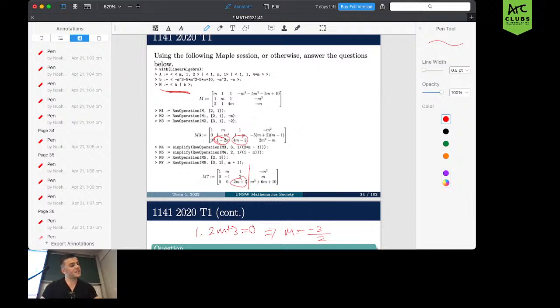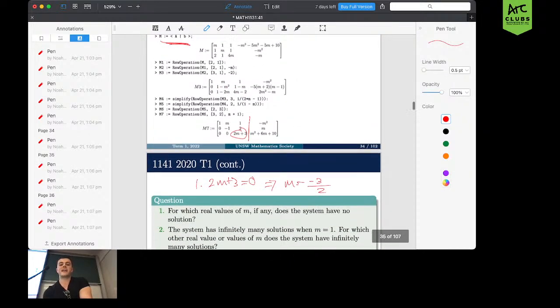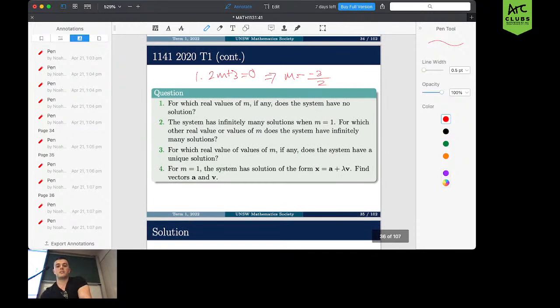But if you sub in m equals a half and look at the structure of the matrix and which columns are leading and which aren't, you're going to get a situation in which one of the columns doesn't lead. So that would give you infinitely many solutions as well. And so what we can say is that there's also a situation in which you have infinitely many solutions.